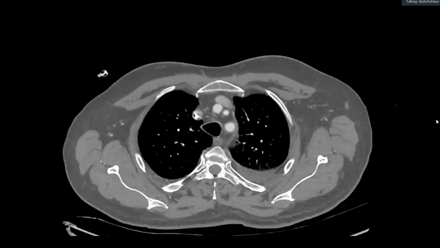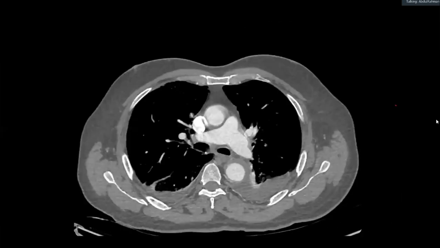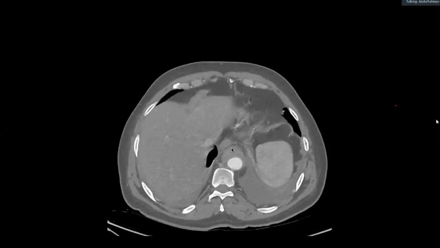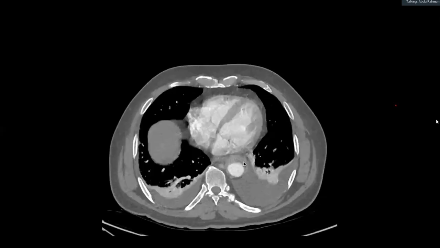It starts distal to the left subclavian artery. As you go down, you can see that this is not hypodense, you would say this is hyperdense. So crescentic hyperdense thickening of one side of the aortic wall.